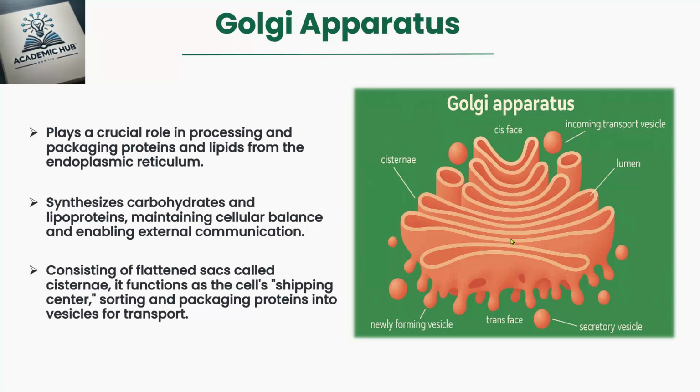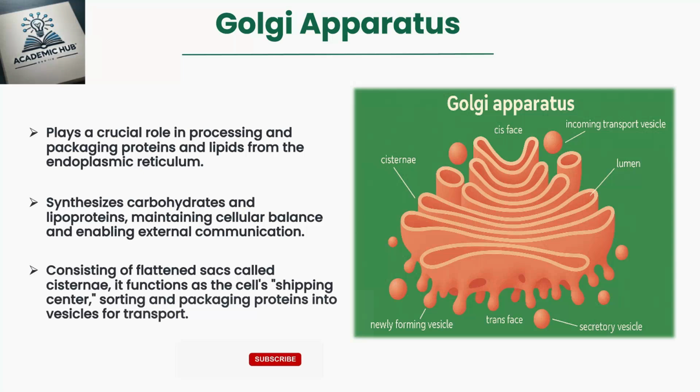Now next are the functions of the Golgi apparatus. There are many types of functions of the Golgi apparatus. The major ones are processing and modifying proteins, which are in the form of raw material.